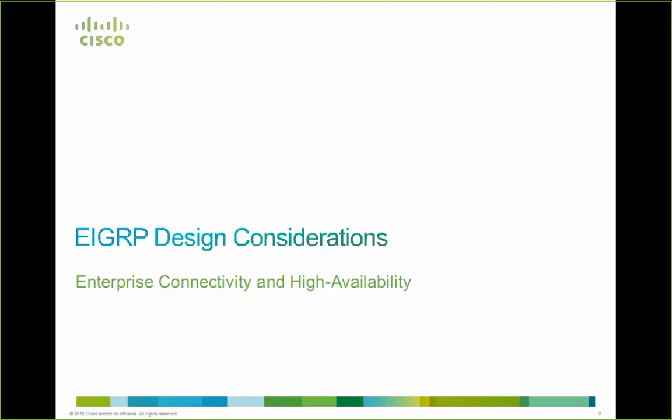We'll take a look at implementing summarization, of course, and some of the caveats to summarization, some of the things that you have to be aware of if you're dealing with summarization.